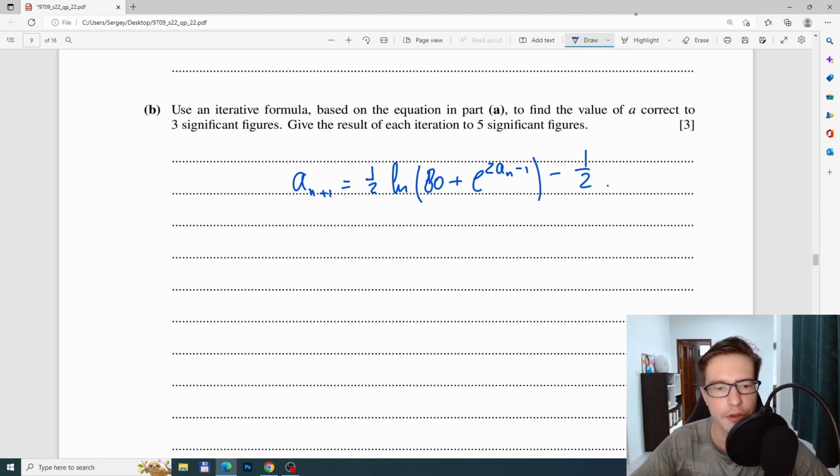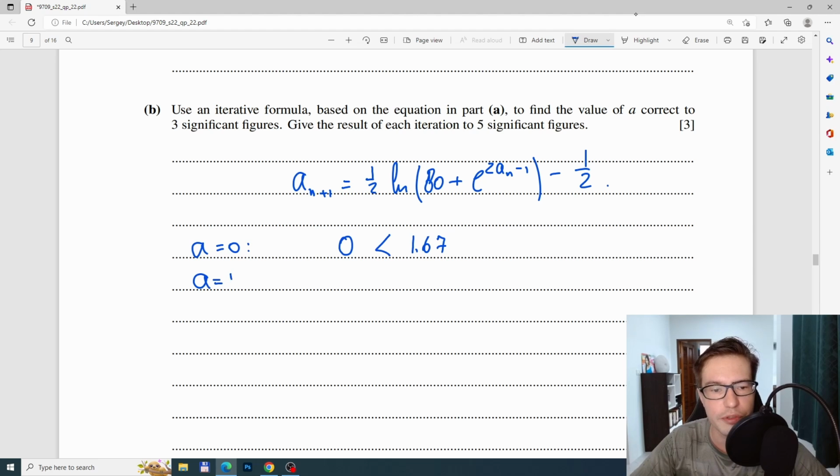Before I start solving this equation by iteration, I need to find a good starting point. So first, I will substitute a equals 0 into both sides of the equation and see the inequality sign between those two. If I substitute a into the left side, I get 0, and if I substitute a into the right side, I will get 1.67. Now, the left side is smaller than the right side.